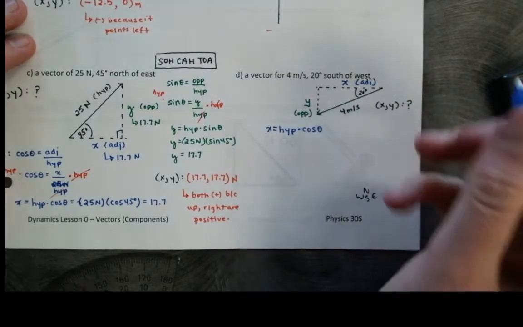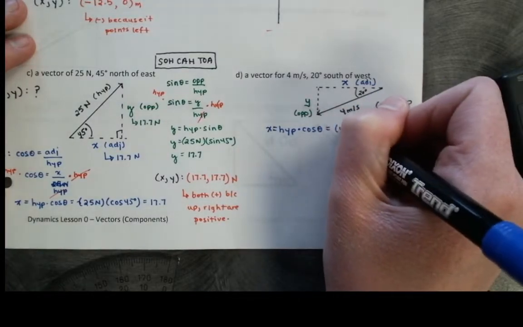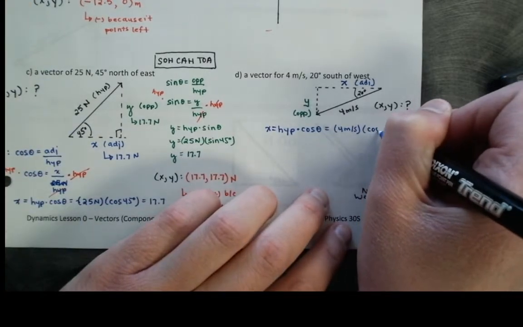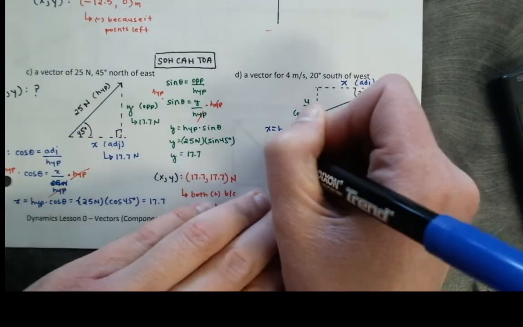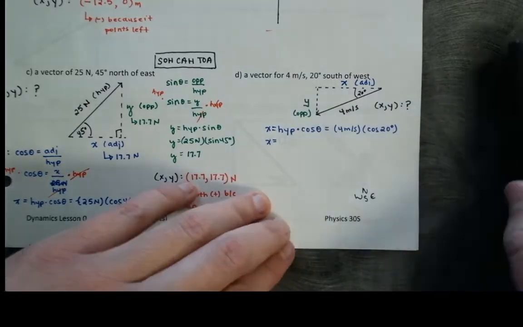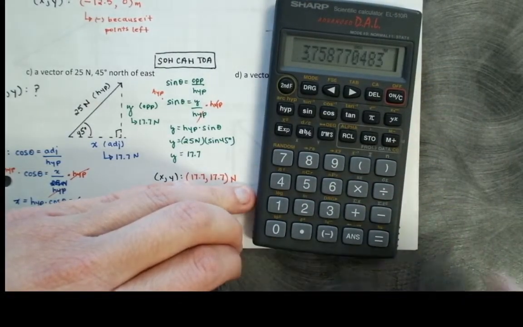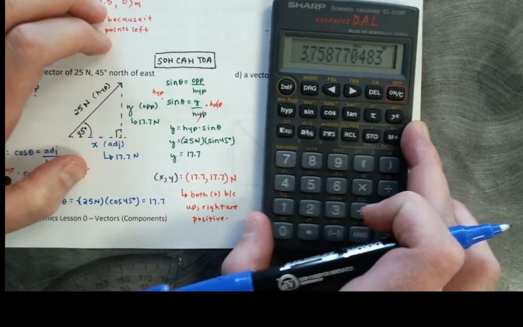Okay, hypotenuse times cos theta. Hypotenuse is 4. Cosine of 20 degrees. That means our x will be 4 times cos 20, which is 3.8.